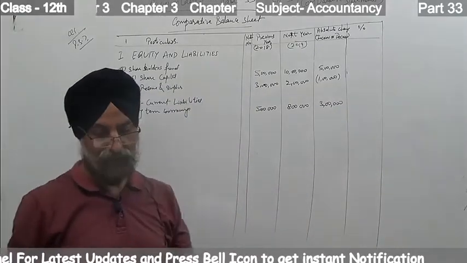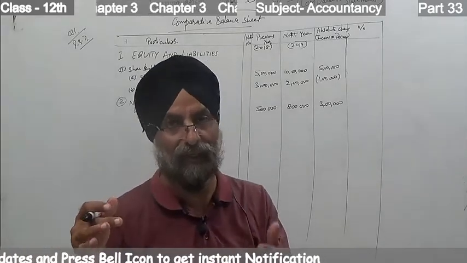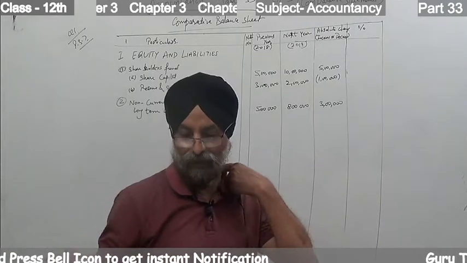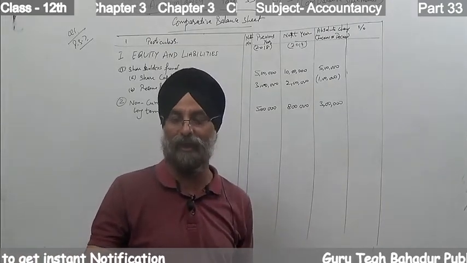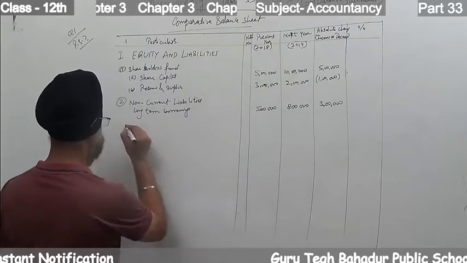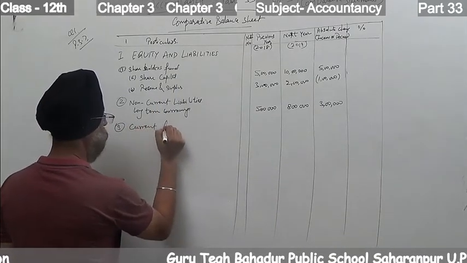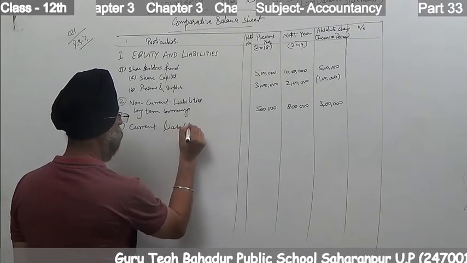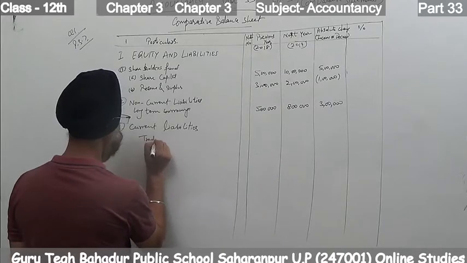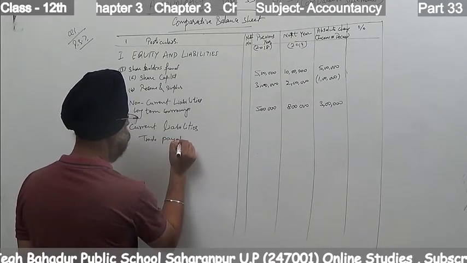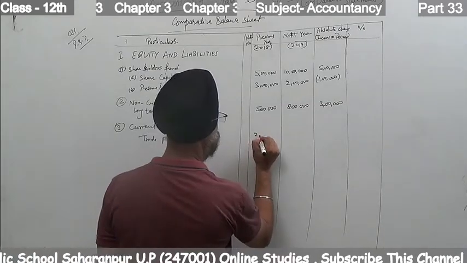Now come to the next, current liabilities. This is trade payables. Trade payables and bills payable are our current liabilities. The value of trade payables at the end of March 18 is 2 lakh, and at the end of March 19 it is 4 lakh.